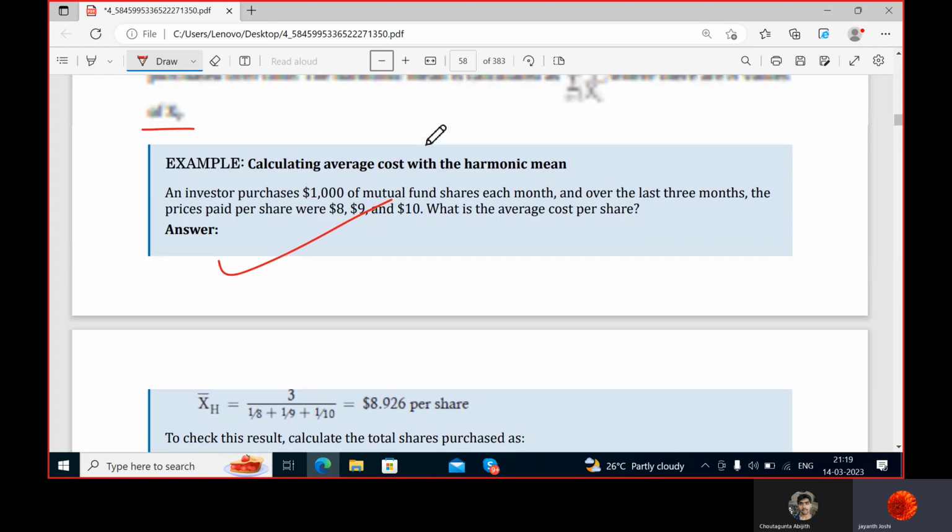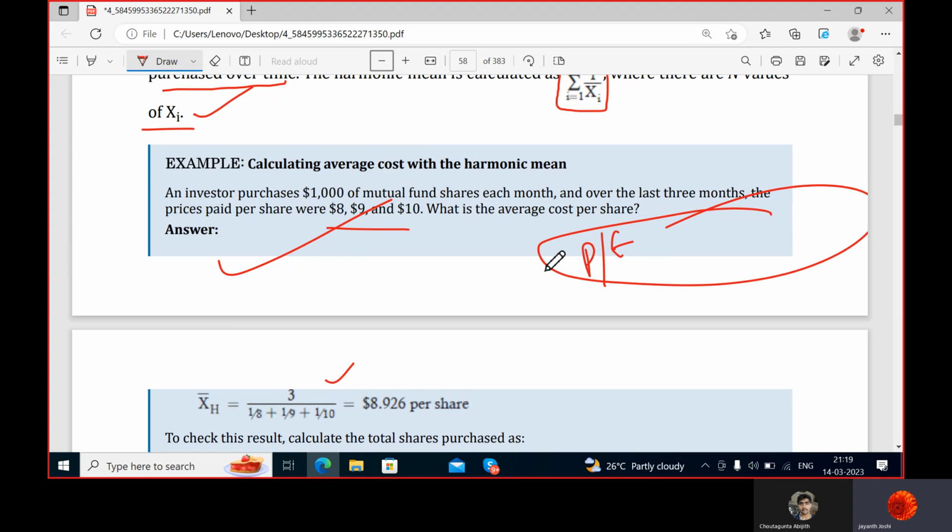So there's a question here. Please solve this, Abhijit. See, I already told you, in case of ratios you will most often be using harmonic mean, like the P ratio, correct? Suppose they give you 5 P ratios and ask for the average P ratio. In that case, you will use harmonic mean, because the P ratio is a ratio, correct?